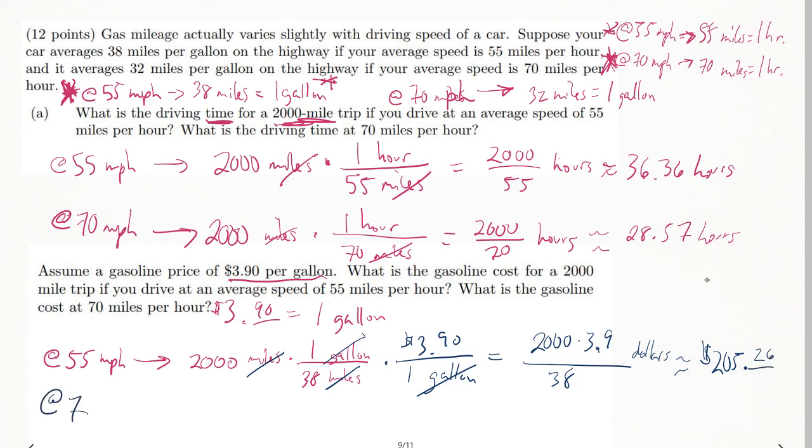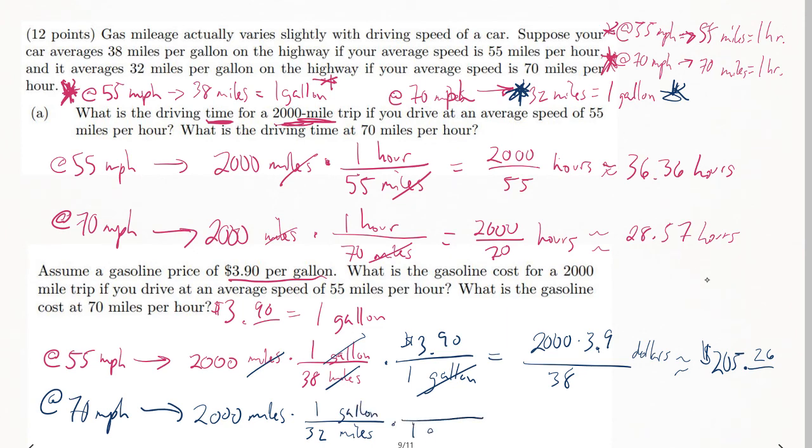Now at 70 miles an hour, the process is pretty much identical. The only difference is you have 32 miles per gallon, which I just starred up there. So you get not as good gas mileage, which makes sense. You have 2,000 miles times, now there's 32 miles per 1 gallon, times 1 gallon is equal to $3.90.